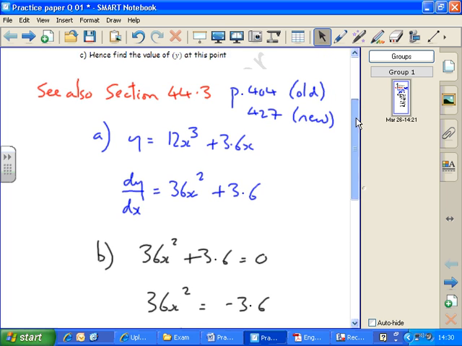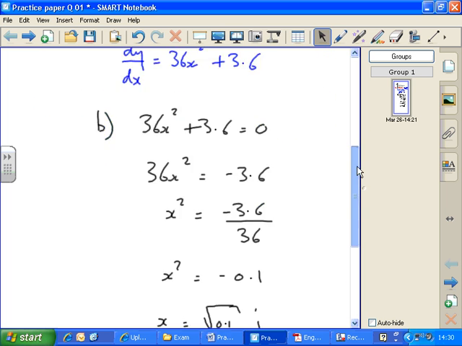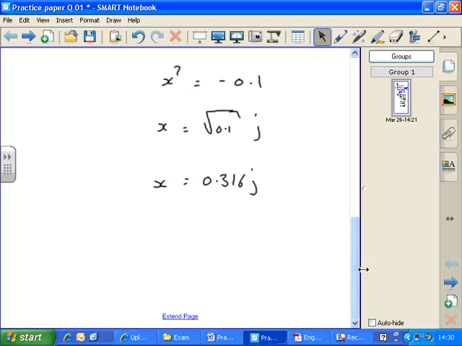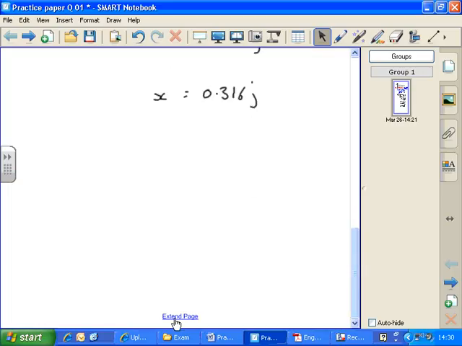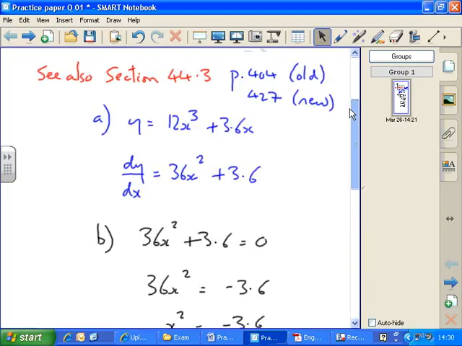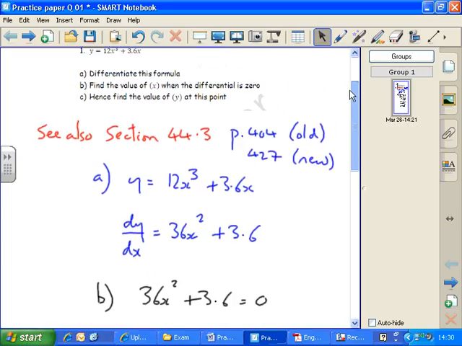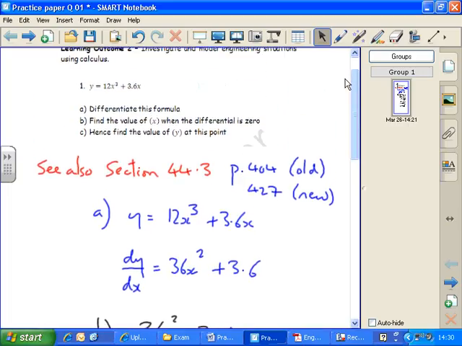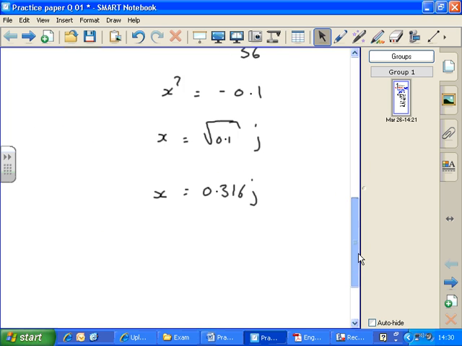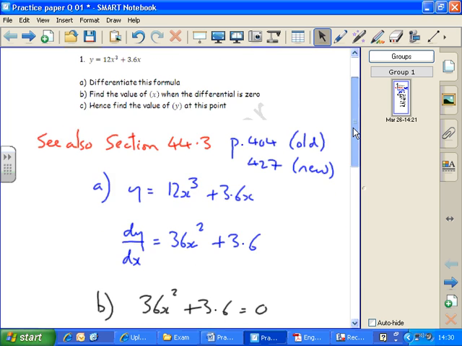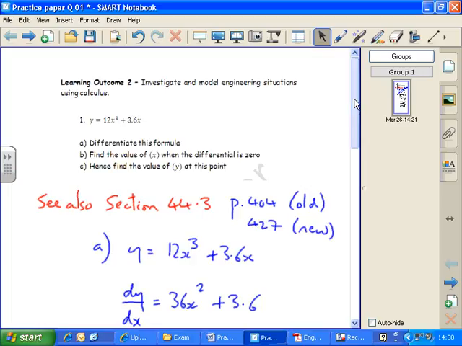Part C says find the value of y at this point. So putting this back into the original function, just using the value of x for this particular one, 0.316, putting that back into this original function here.